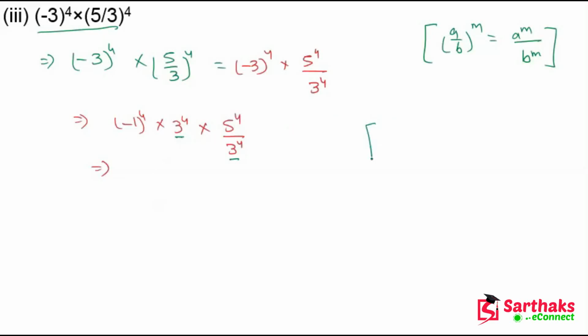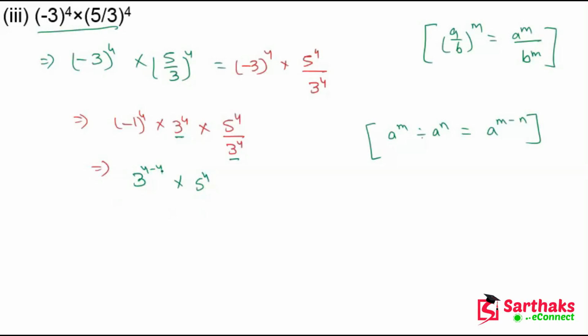This is the case where a raised to power m divided by a raised to power n is equal to a raised to power m minus n. The base 3 is the same, so we can write 3 raised to power 4 minus 4, into 5 raised to power 4.